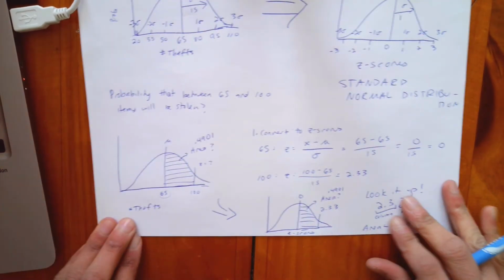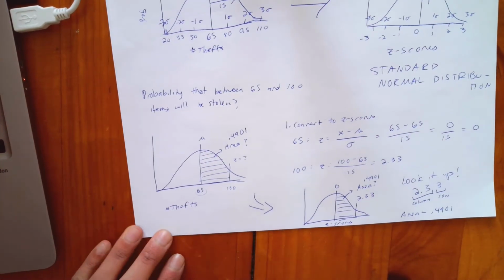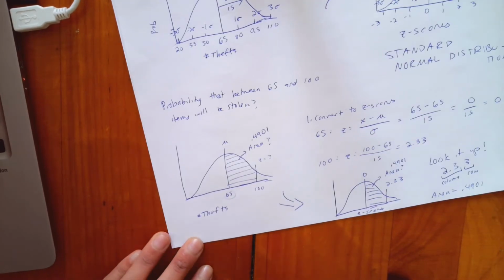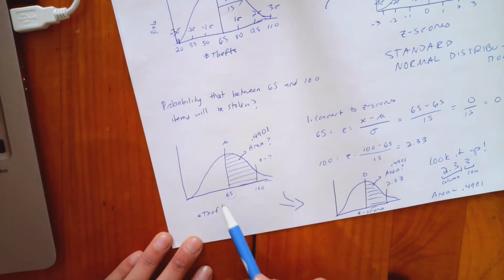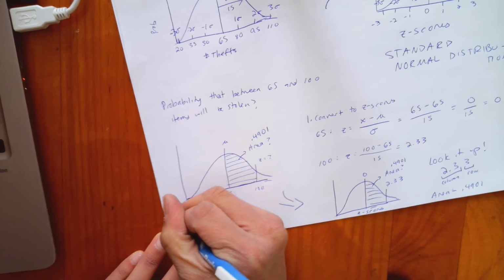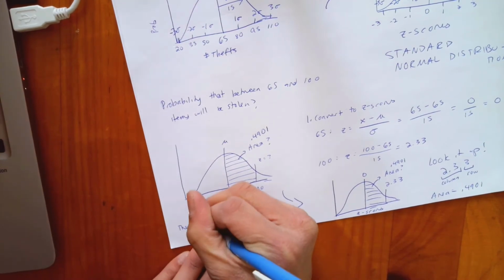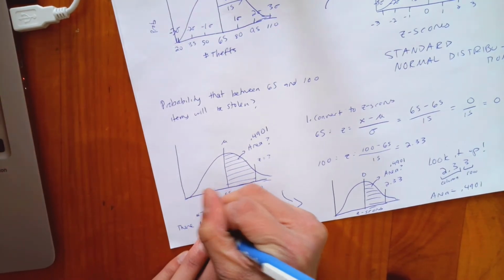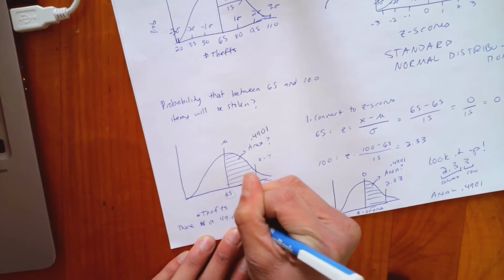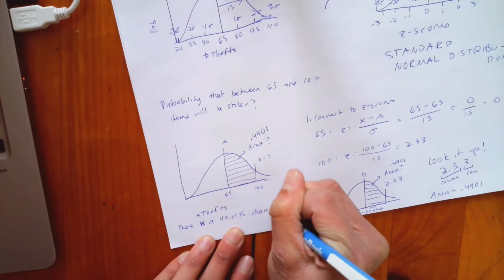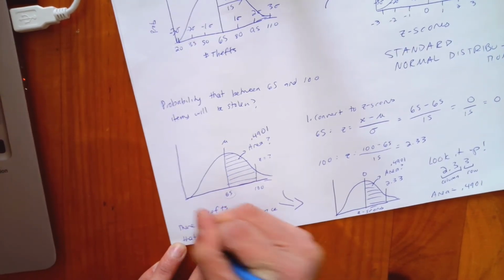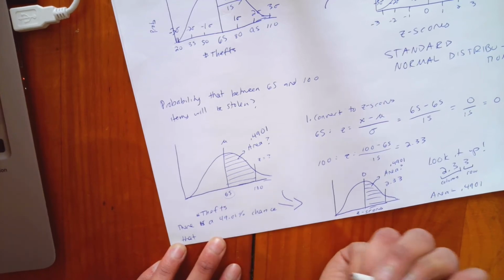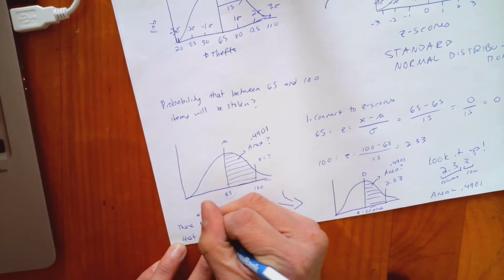The area under the curve between two values, as we've seen earlier, is also equal to the probability of getting an outcome between these two values. So we can say that the probability that between 65 and 100 items will be stolen is equal to 0.4901. Or in other words, there is a 49.1% chance that between 65 and 100 items will be stolen.